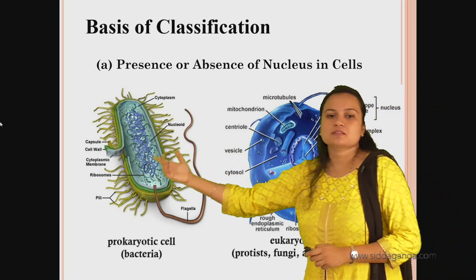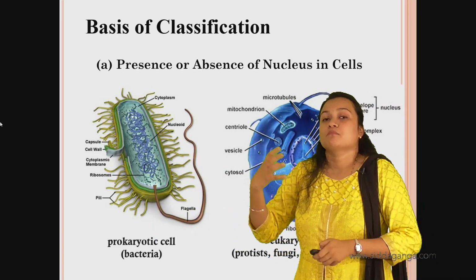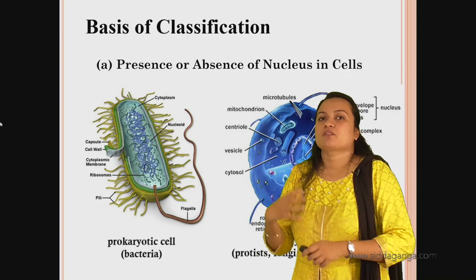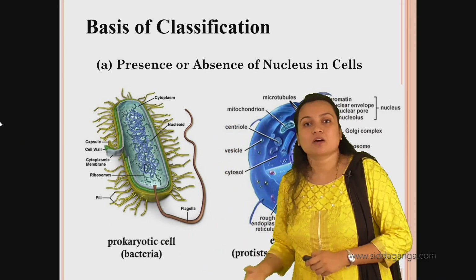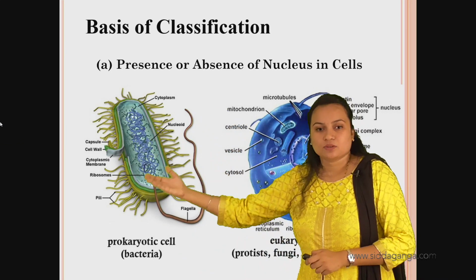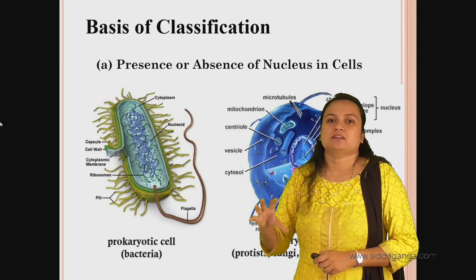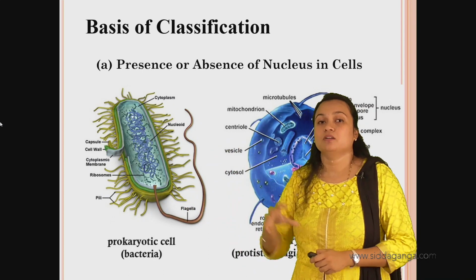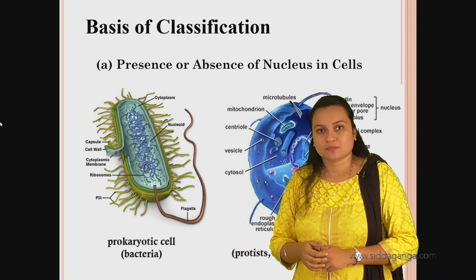The design of the prokaryotic cell will not facilitate much reproduction into multicellular organisms. The prokaryotic cell is the primitive cell, it doesn't have more capacity to produce a multicellular organism, right?